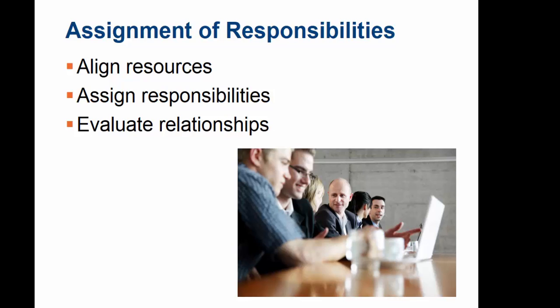But you want to align your resources and put the best people on the job as possible. Then, of course, assign the responsibilities to trustworthy people that can get the job done. And evaluate the relationships of which group is working with this group and how well that's working. You always want to put the best team together, whether it's in sports or whatever. You want to put the best team that can win, right?